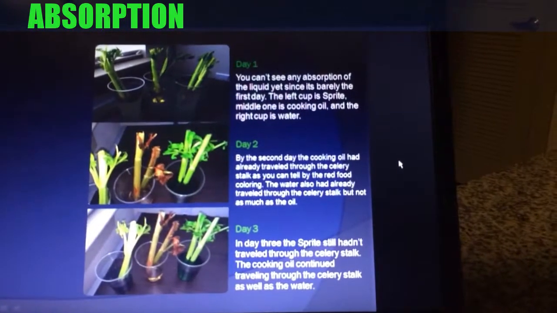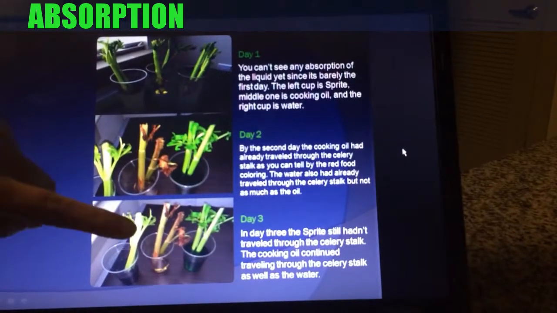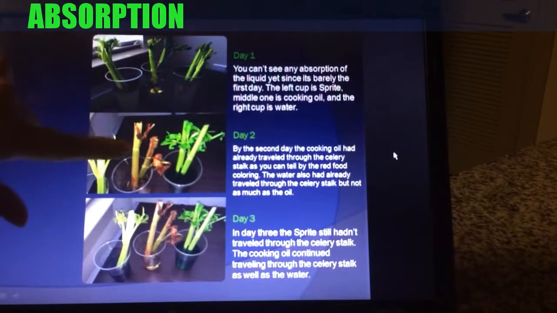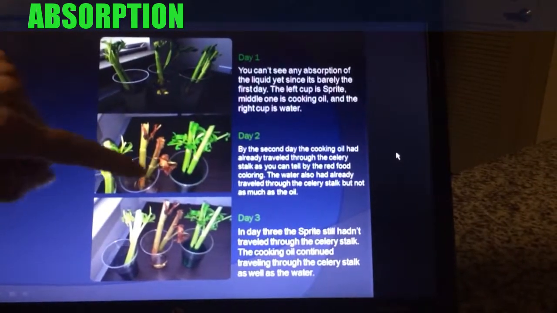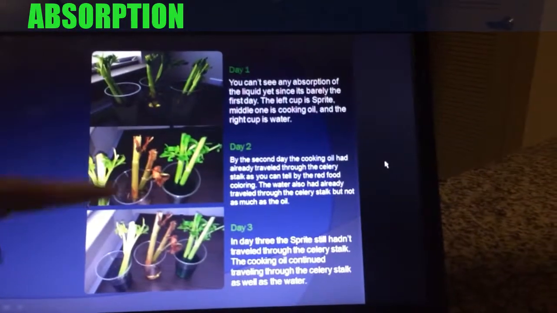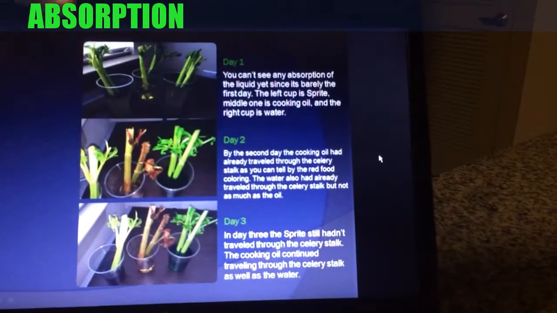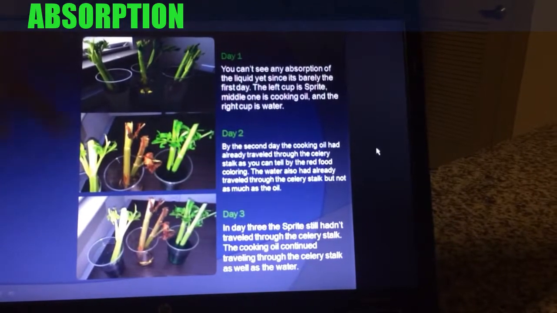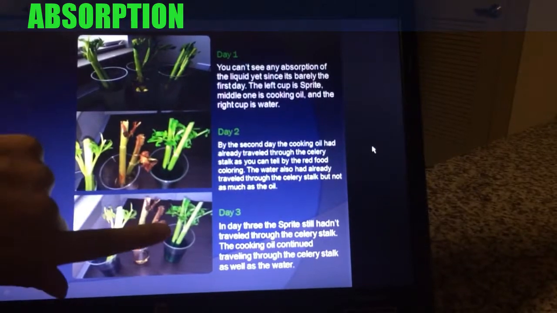By the second day, the cooking oil had already traveled through the celery stalk, as you can see with the red on top of the leaves as well. The water had also already traveled through the celery stalk and on top to the leaves, but not as much as the oil. By day 3, the Sprite still hadn't traveled through the celery stalk. The cooking oil continued traveling through the celery stalk as well as the water.